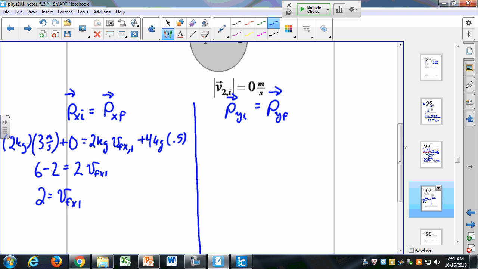And then I do the same for the y component. You're still working on it. Let me explain what I did over here, though. I said my initial momentum in the x is equal to the final momentum in the x. Initially, that first particle is traveling at 3 meters per second in the x direction, so this is its x momentum. The second particle is not moving at all, so it's 0.